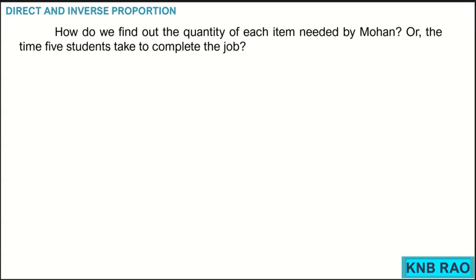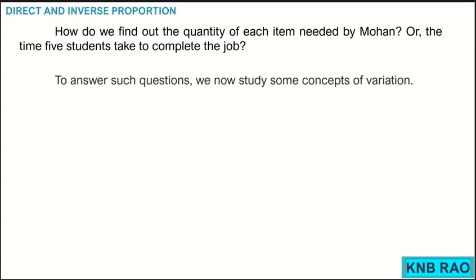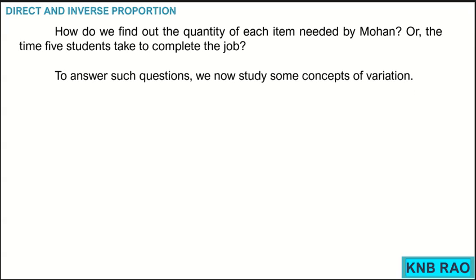And how do we find the quantity? How do we find out the quantity of each item needed by Mohan, or the time 5 students take to complete the job? If this question arises, to answer such questions, we need to study the concept of variation.